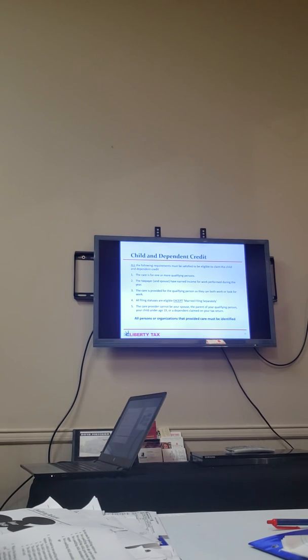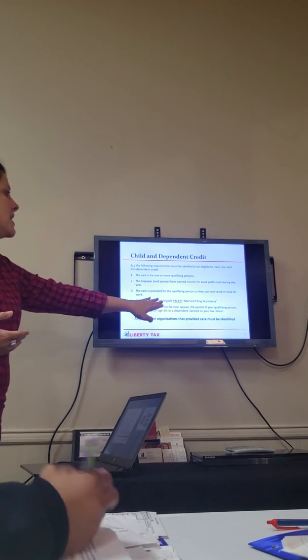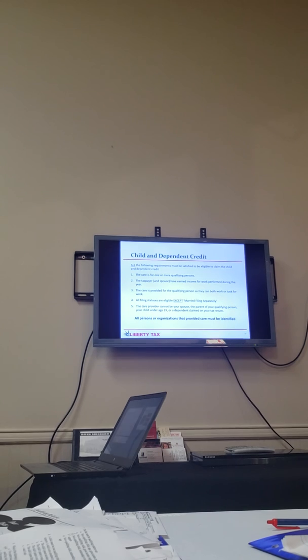Care provided cannot be for your spouse, the parent, child under age 19, or a dependent claimed on your tax return. Okay, so what this is saying is the provider cannot be your spouse, a parent, another child, or a dependent.